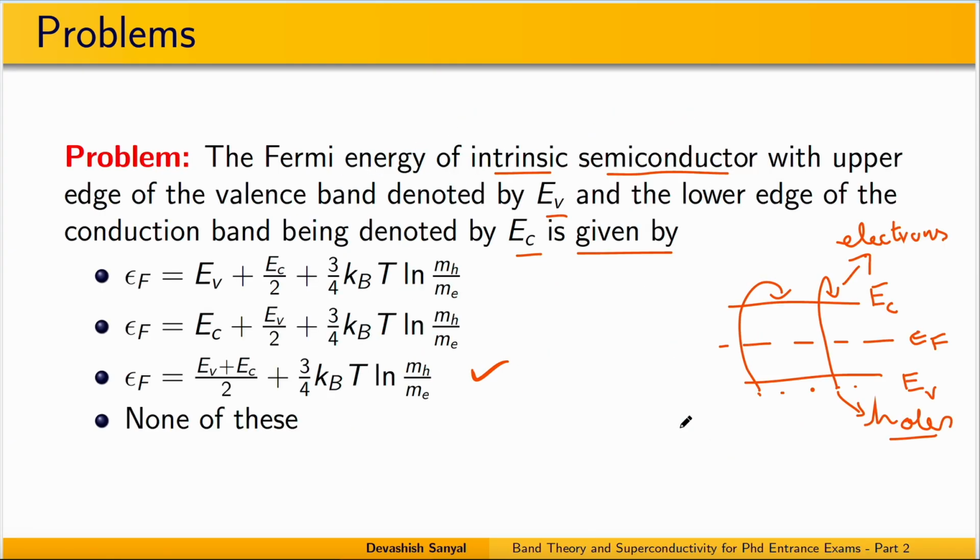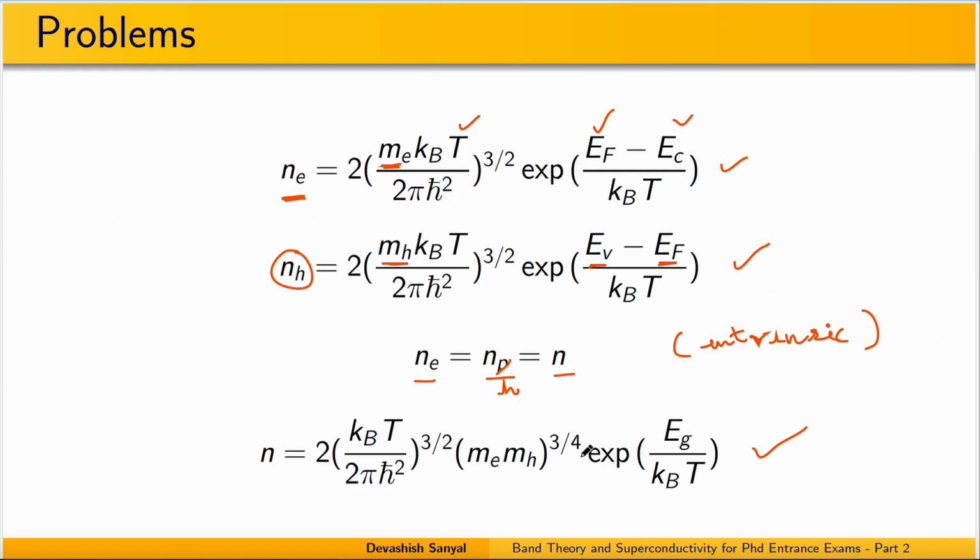Eg is the energy difference between the lower edge of the conduction band and the upper edge of the valence band. This can be written in terms of Eg also, and we are going to use this in the next problem. For this problem, these two expressions are sufficient.